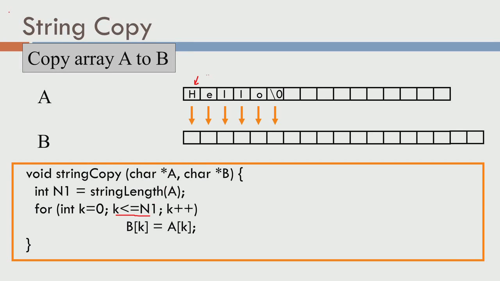What that means is you are starting from 0 and the length of A is actually 5, but if you go and look at A of 5, this is A of 0 and this is A of 5.